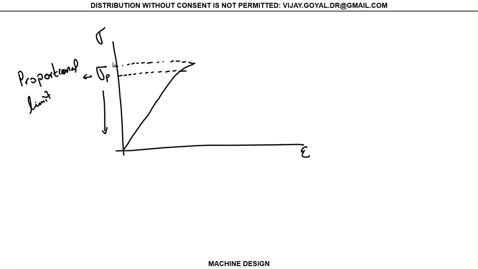Your sigma yield is somewhere here. It's the tensile yield, the yield strength, and as I told you previously, sometimes this is also called the tensile strength. Given that, this is the region we're working with.